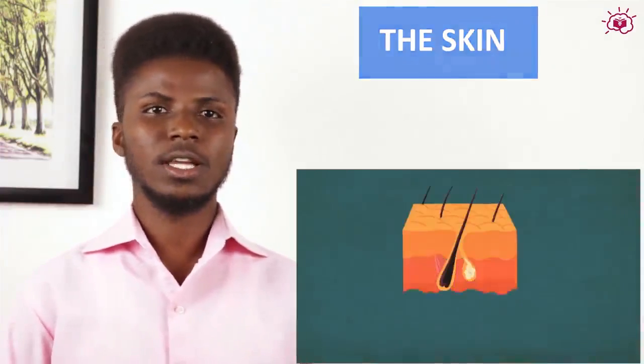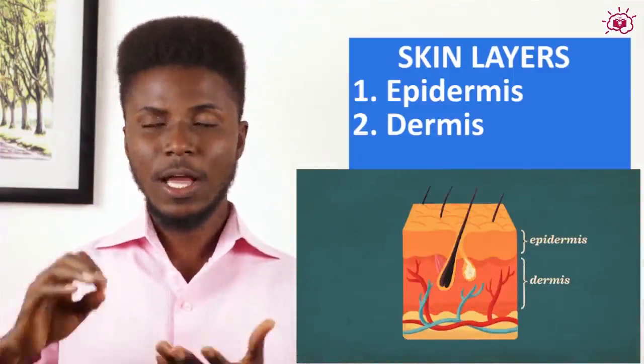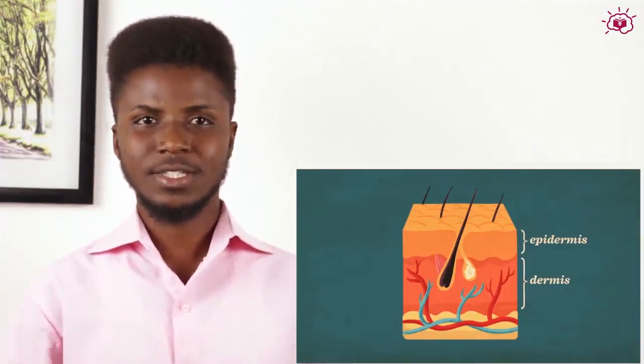The skin is composed of two major layers, the epidermis and the dermis. The epidermis consists of dead cells, like skin cells that are dead and are added to the epidermis, while the dermis consists of so many other cells, including the hair follicles, the hair roots, and many other cells like that.